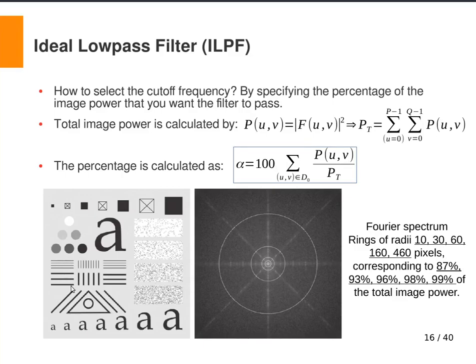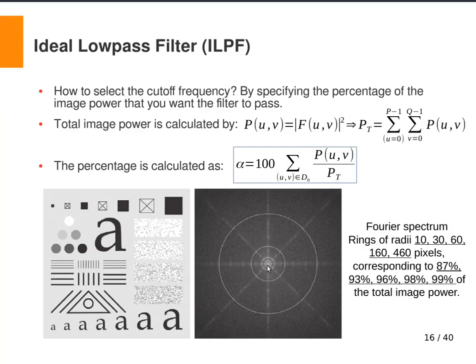So let's say we have this original image, and if we calculate its centered Fourier transform, this is the general shape that it can have. You see some circles that are shown here, to be exact 5 circles, and these circles are basically showing some sample D0 cutoff frequencies.